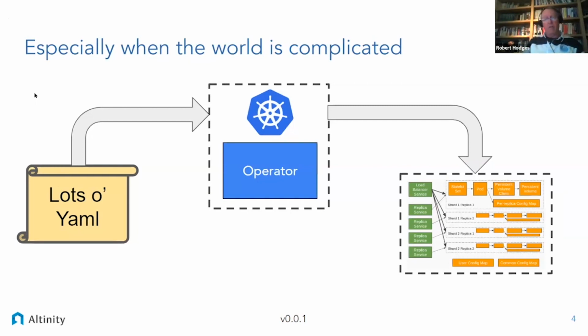To stand these up in Kubernetes, you might have to define and manage 50 or 60 or even more resources, in some cases hundreds. Everything from config maps to services to persistent volumes, and so on and so forth. So you have a larger amount of YAML that you feed into the operator, but it's still pretty simple. It tends to be a couple of pages of information that will set up this complex cluster.